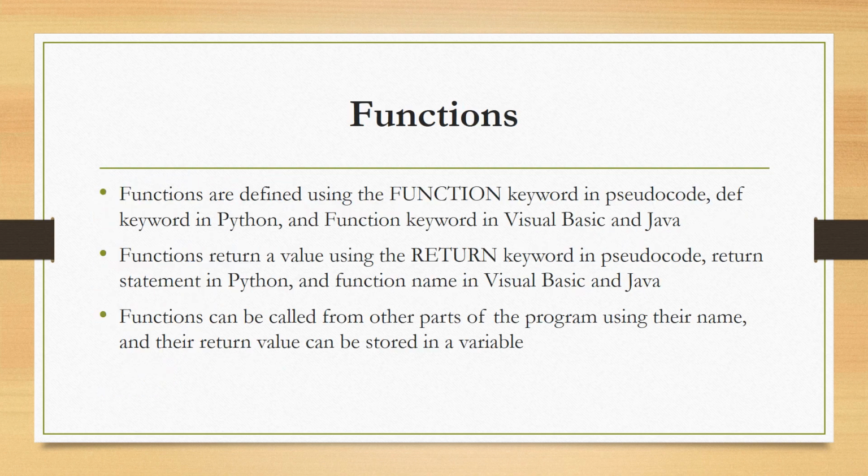Functions are defined using the function keyword in pseudocode, def keyword in Python, and function keyword in VB and Java. A function will return a value using the return keyword in pseudocode, return statement in Python, and function name in VB and Java. Functions can be called from other parts of the program using their name, and their return value can be stored in a variable.